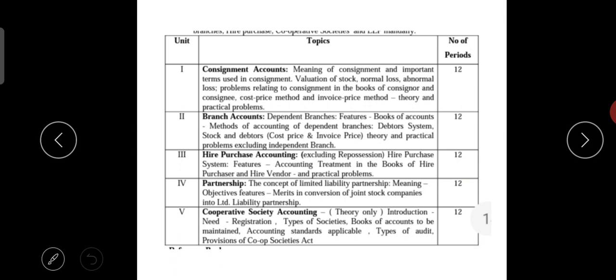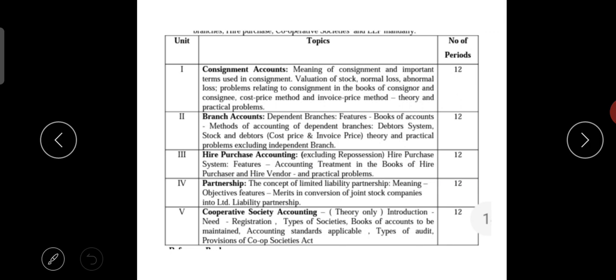So, when branch accounting records are kept separately, this helps to take important decisions for the management. And the object of opening outlets or shops at different places is again to increase the sales or to expand the business. Next, unit 3 is hire purchase accounting.